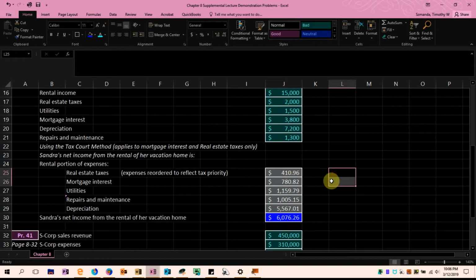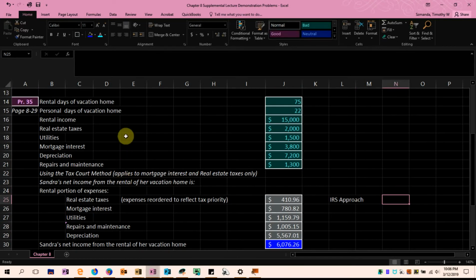By the way, had we used the IRS approach, and we wanted to allocate these real estate taxes of $2,000, that would have been different, because here we would have still allocated the $2,000, but the denominator would have been the total of 75 and 22, which would have been 97 days.